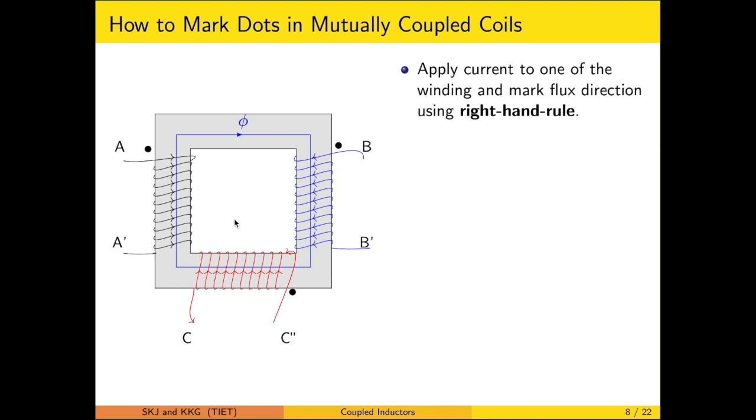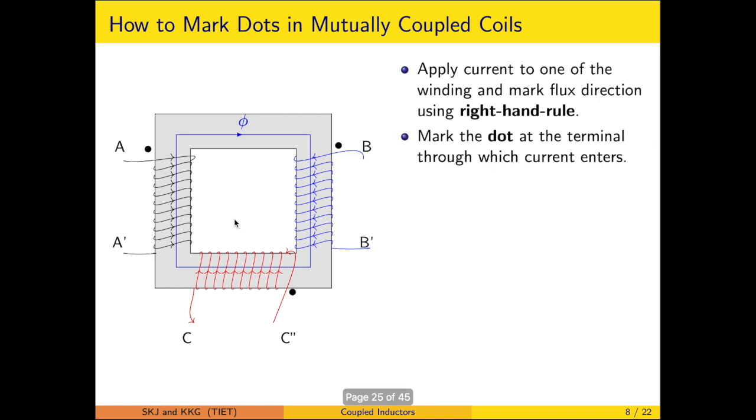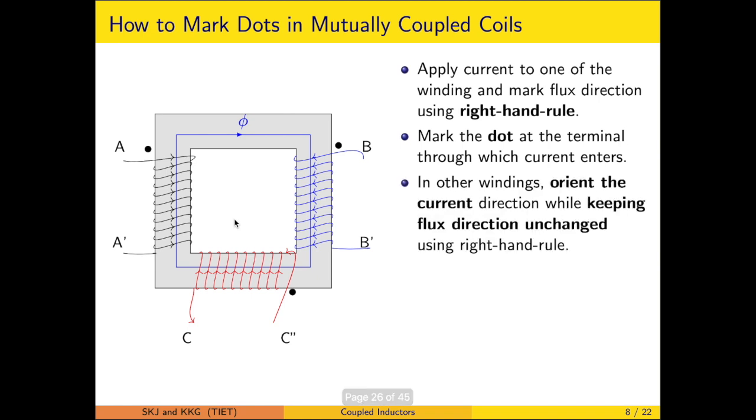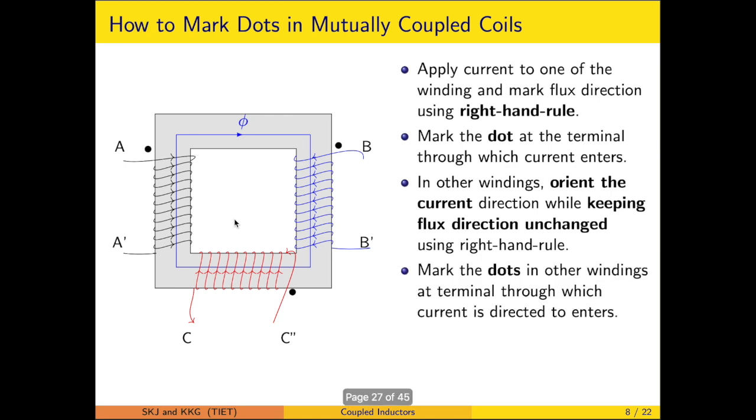So the simple concept is: apply current to one of the windings and mark the flux direction using the right hand rule. Mark the dot at the terminal through which the current enters. In the other windings, orient the current direction while keeping the flux direction unchanged using the right hand rule, and mark the dot in the other winding at the terminal through which the current is directed to enter.